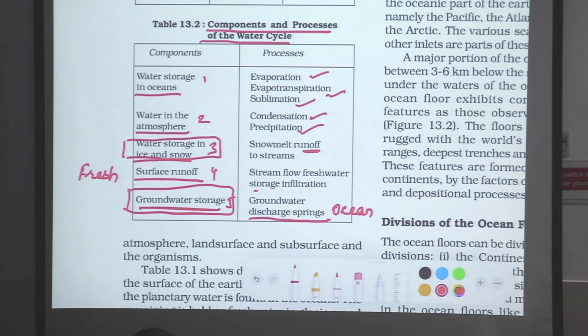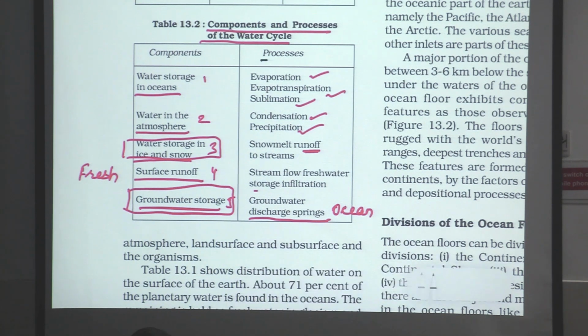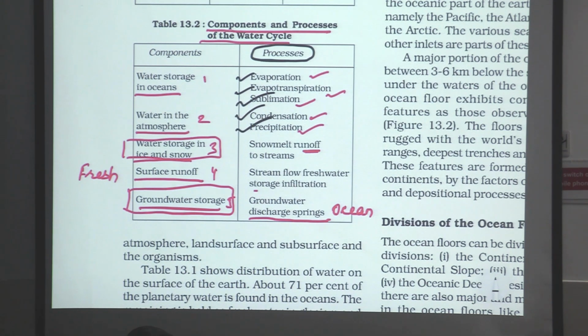So, what exactly am I deriving from this table? I am deriving from this table that the components and processes of hydrological cycle or water cycle include 5 storages that we attempted in the previous diagram, and the processes. What you need to understand with the processes is that the water cycle incorporates not just evaporation, evapotranspiration, sublimation, condensation, precipitation.